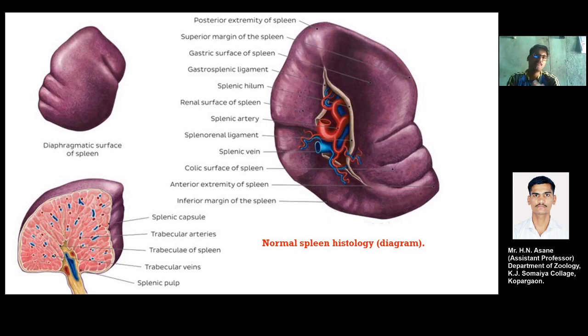You will see the posterior extremity of the spleen, and the superior margins of the spleen have grooves in them. The gastric surface of the spleen has some secretions, and the gastrosplenic ligaments are also present here.